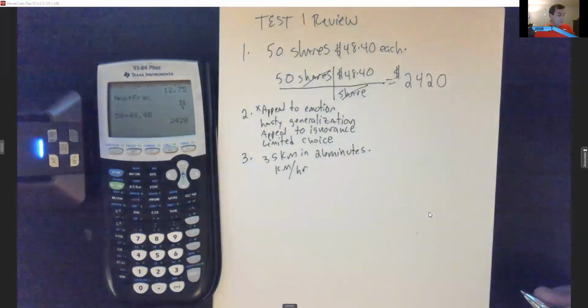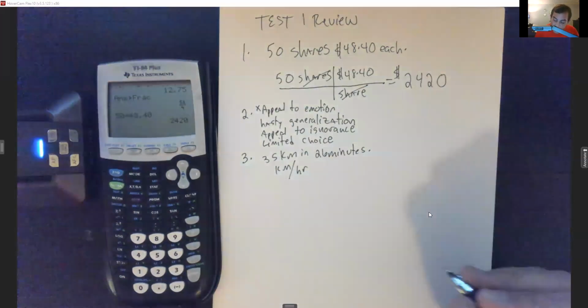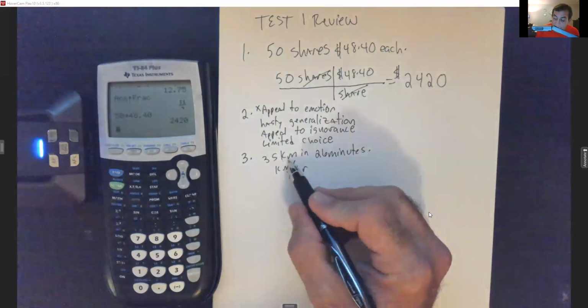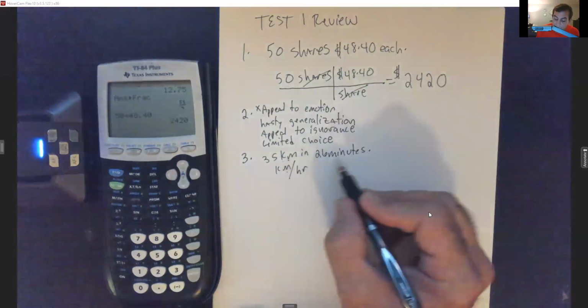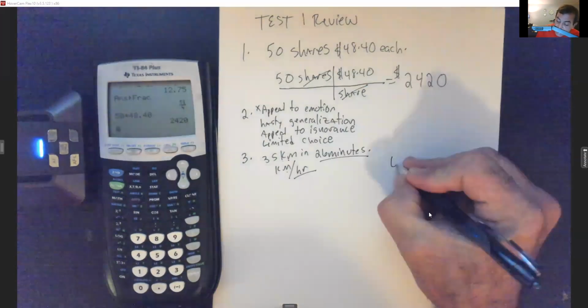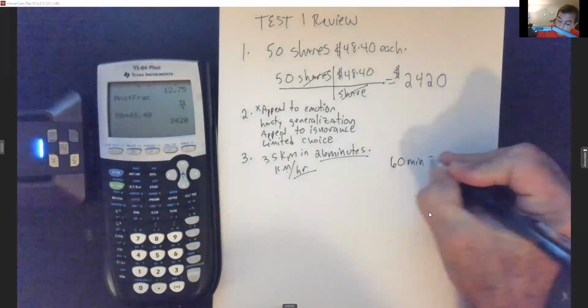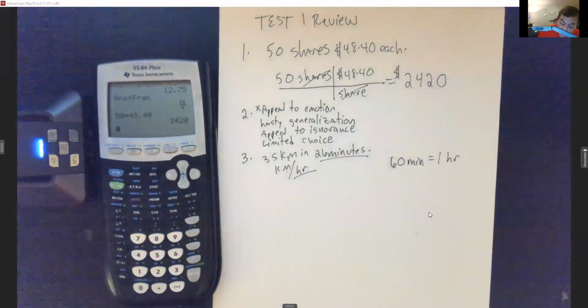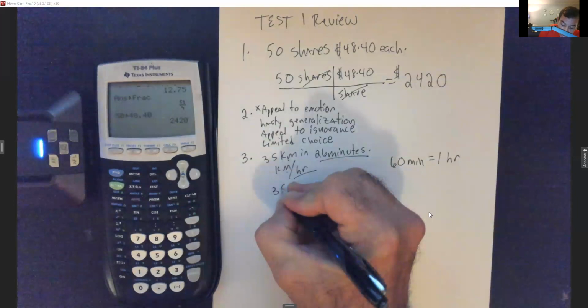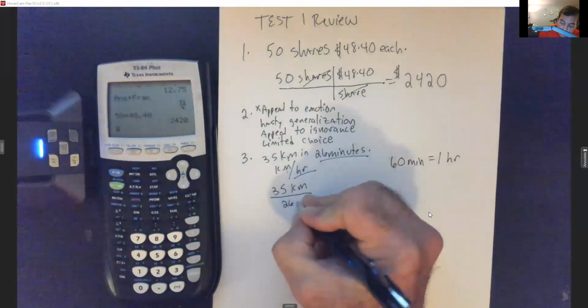So the only conversion we got to worry about, because the answer is in kilometers, which is what they gave me it in, is figuring out the minutes to the hours. But we do know that there are 60 minutes in 1 hour. So they're giving us 35 kilometers in 26 minutes.